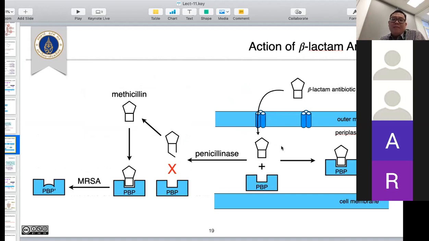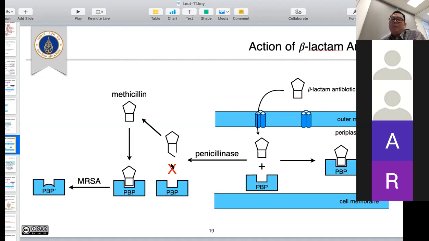So beta-lactam comes to the periplasm and binds to PBP and then blocks bacteria. Then bacteria use penicillinase, cleave the beta-lactam, then it cannot bind to PBP.